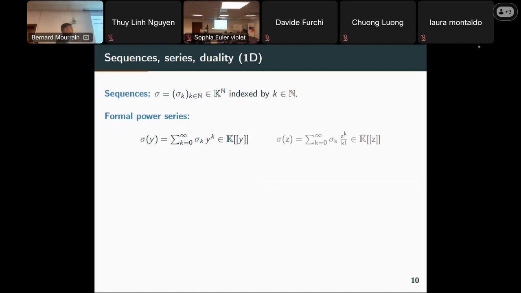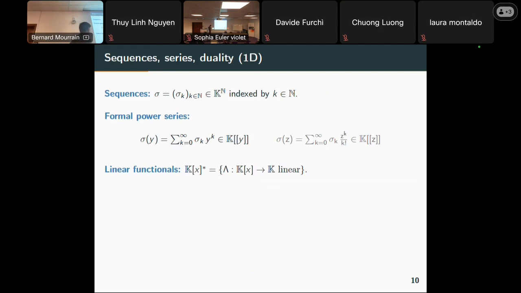Just a formal part. So this is one choice, but sometimes it could be interesting to say this is a formal power series in variable y, but instead of y^k, we take y^k over k factorial. And you will see why soon, because it's related to exponential.